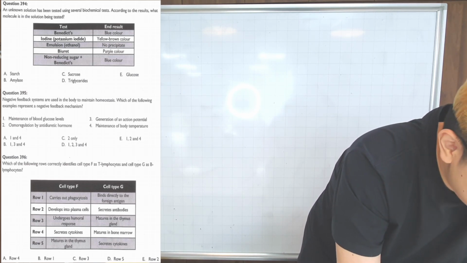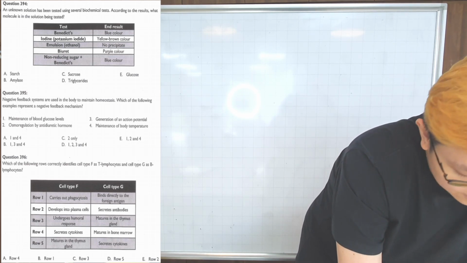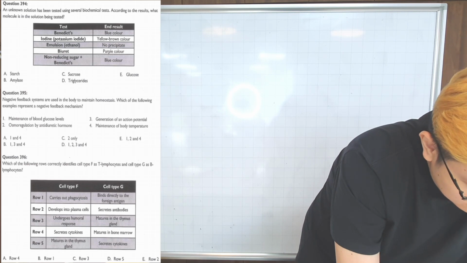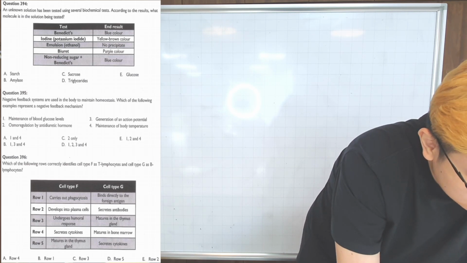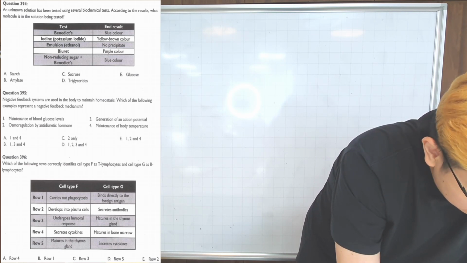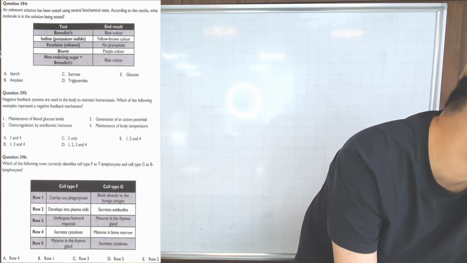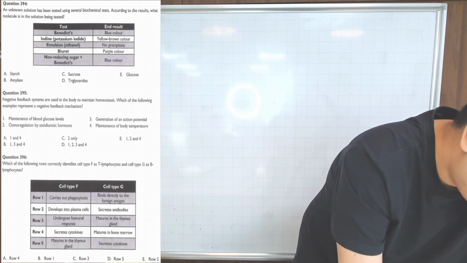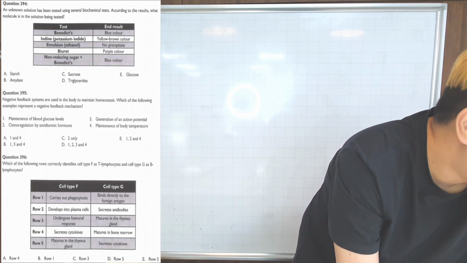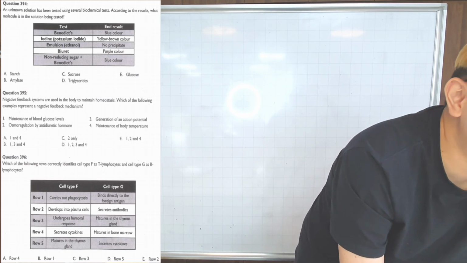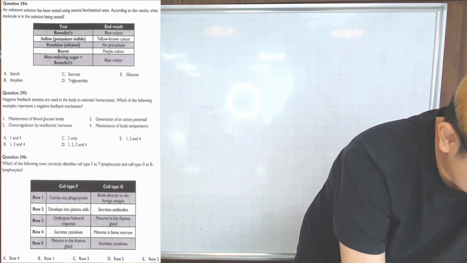So biuret is for protein, yeah. Cái nghĩa của biuret là để phát hiện protein thôi. So what does it mean here? Because amylase is an enzyme, right? So it's a protein. Bởi vì enzyme thì nó là protein thôi, bản chất nó là protein. Oh, that's why. Smart, right?